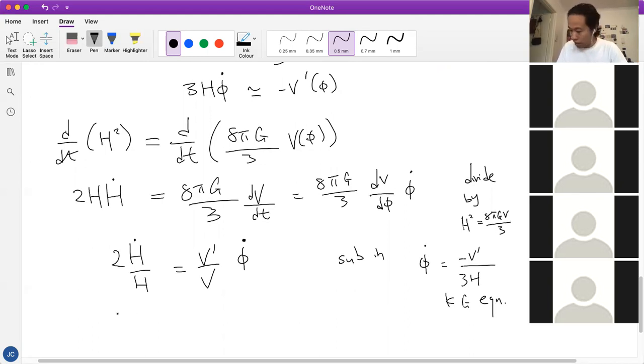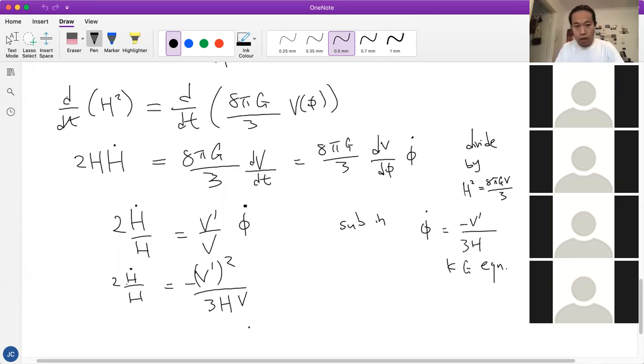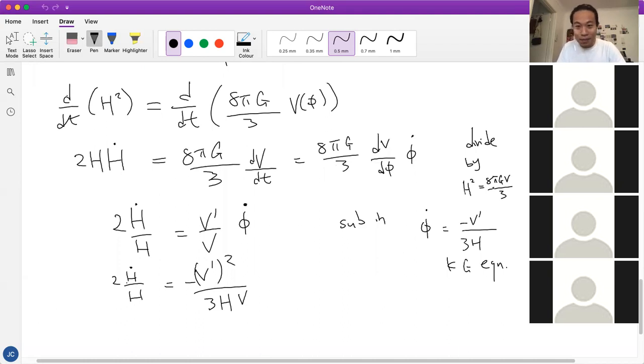Yep. So then you get 2h dot on h is equal to minus v dash squared over 3h v. Okay, and then now you sub in this again.